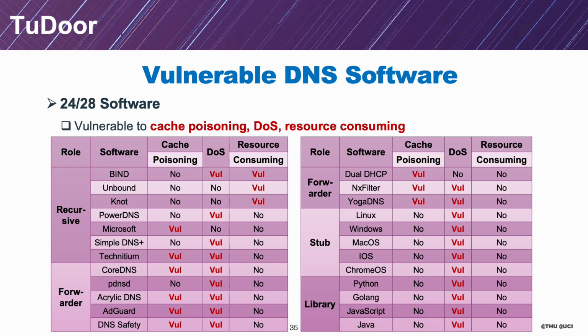So in summary, we found 24 DNS software are vulnerable to cache poisoning, DoS, and resource-consuming threats, including BIND 9 and Unbound, and also stub resolvers like Linux, Windows, and macOS. All 4 DNS programming libraries, including Python, Golang, JavaScript, and Java, are also affected.